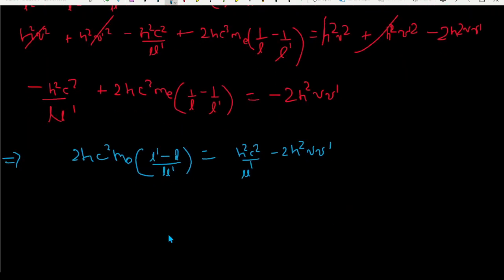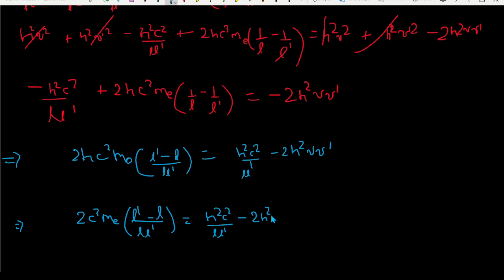Now if I take h square common and cut it out, it looks like this: 2c cube m_e into lambda dash minus lambda divided by lambda into lambda dash equals c square divided by lambda into lambda dash negative of 2 mu mu dash. So what is the frequency?